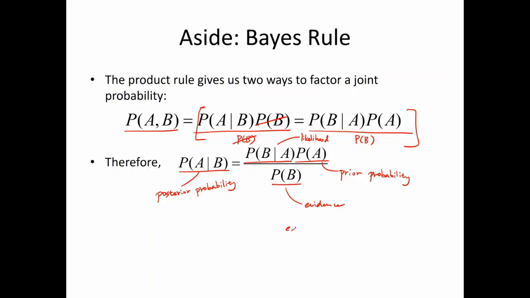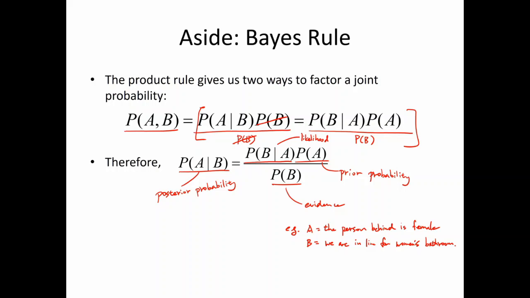So for example, suppose A is the person behind me is female, and B is we are in line for women's bathroom. So P of A would be the probability that the person behind is female, which is, say, I don't know, 40%.